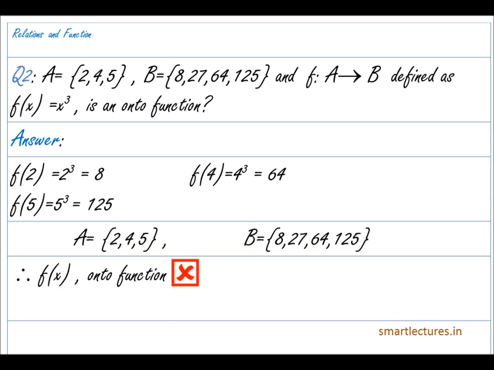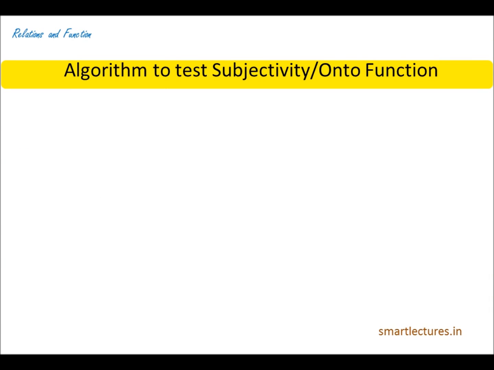And now I will discuss the algorithm to test whether a given real function is an onto function or not. A given real function can be tested for surjectivity by following 4 steps.